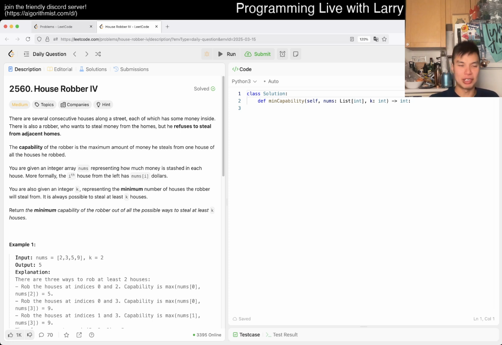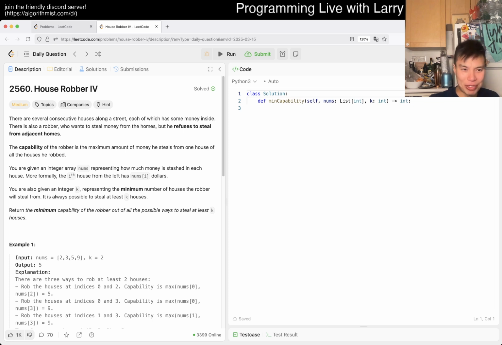Okay, so far so good. The capability of the robber is the maximum amount of money he steals from one house of all the houses he robbed. You're given an integer array nums representing how much money is stashed in each house. You're also given an integer k, which represents the minimum number of houses the robber will steal from. It's always possible to steal at least k houses.